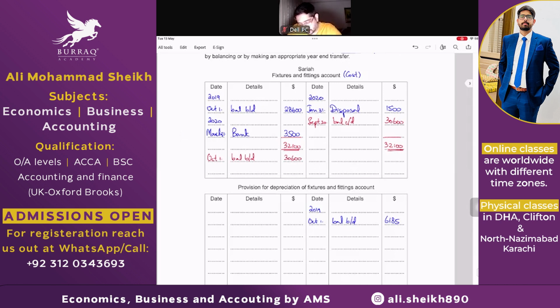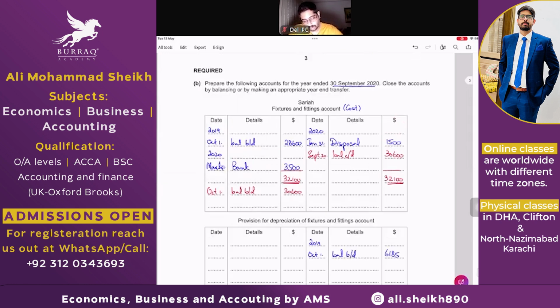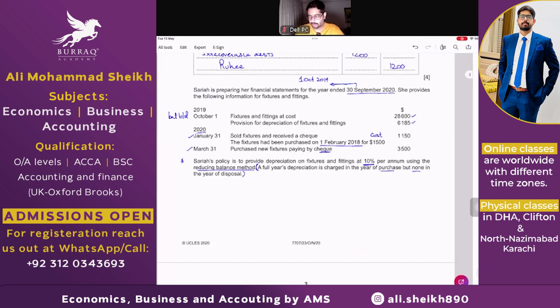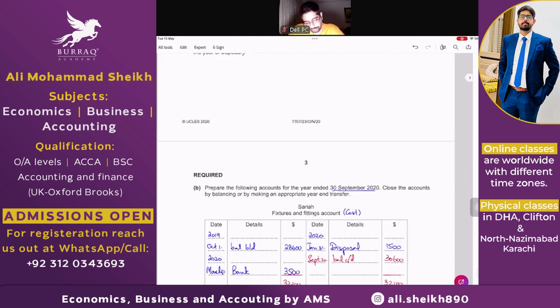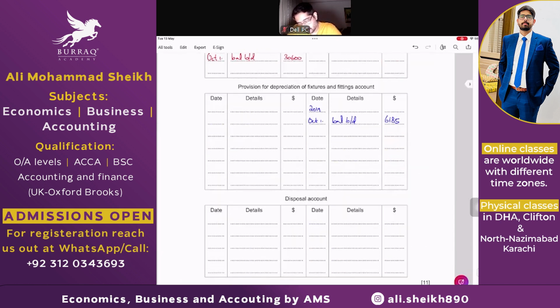Next step is provision for depreciation working. So I am going back to the question area to use the space for working. Now again, I need to find two figures over here. One for year end September 30th, income statement charge, that is depreciation for the year. That would be my working number one.